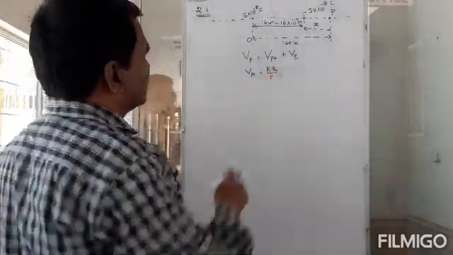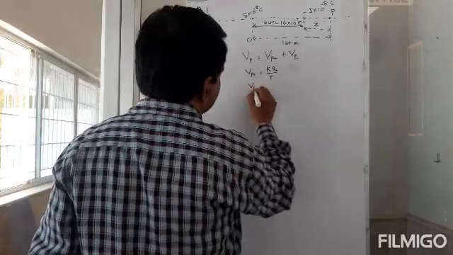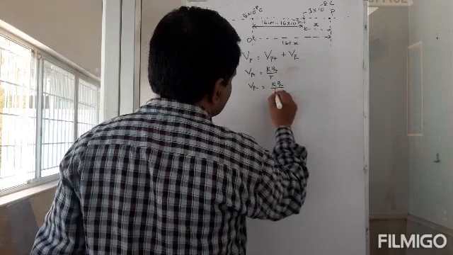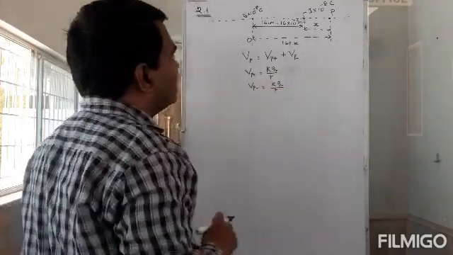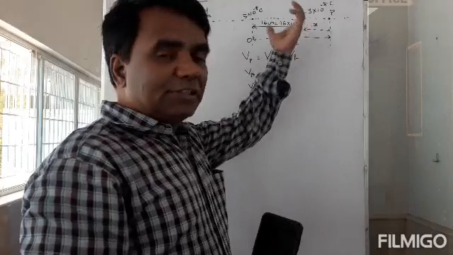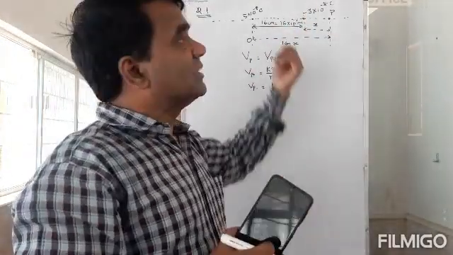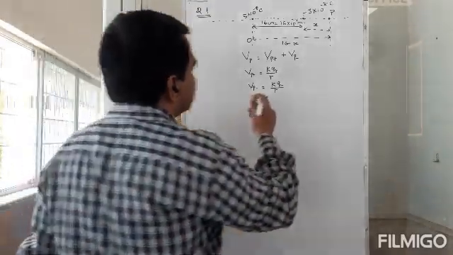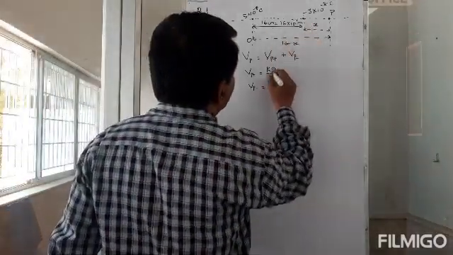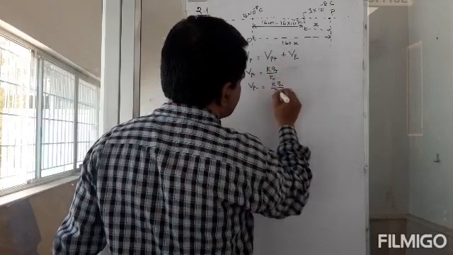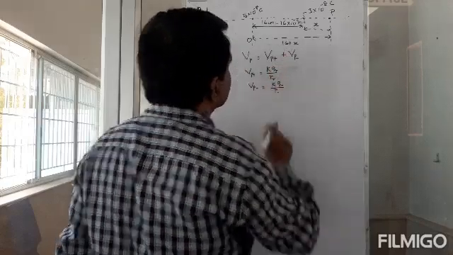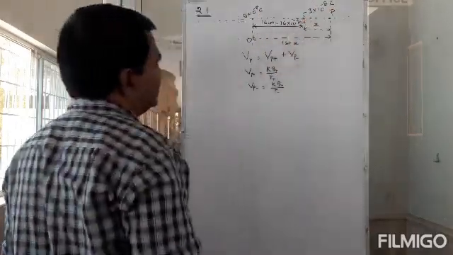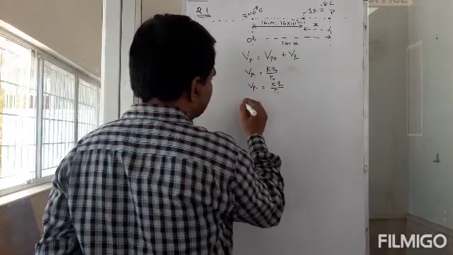Now what is Vp minus? Vp minus is equal to KQ minus by R. They should be equal in magnitude but the signs are opposite, so they will cancel. I'll say this is R plus and this is R minus. R plus is this distance, R minus is this distance.